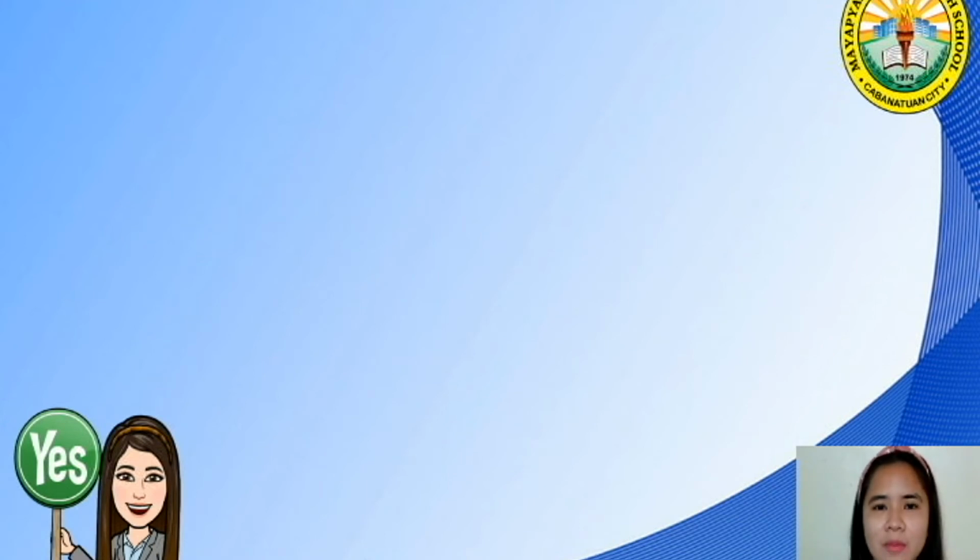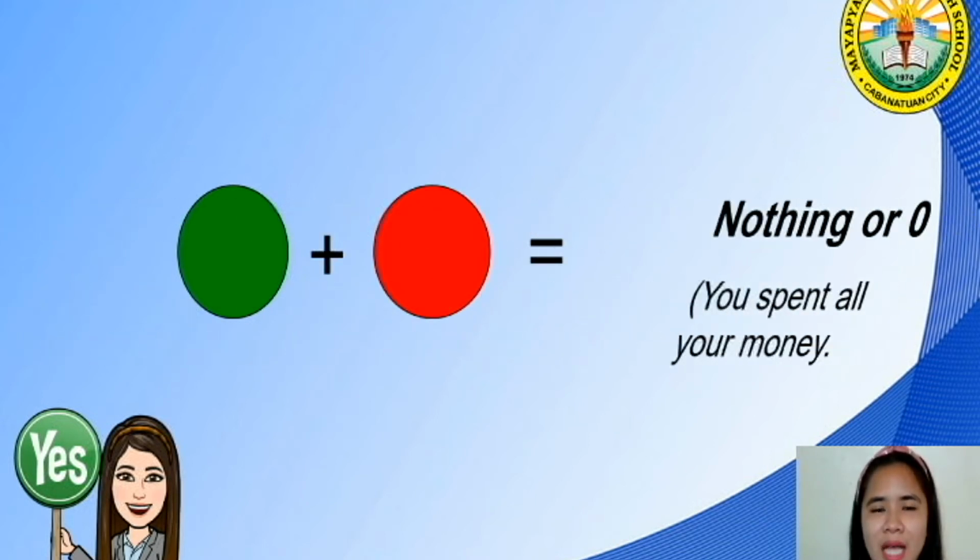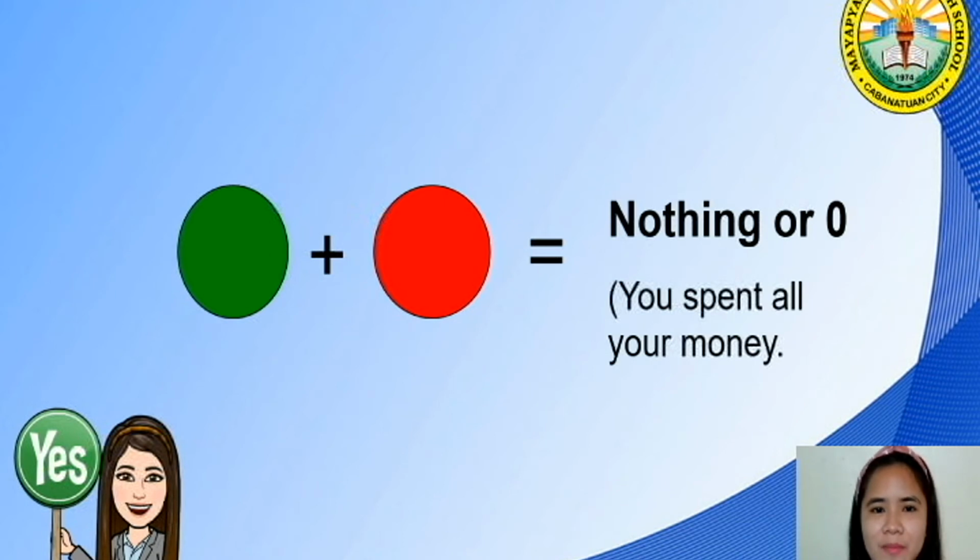What if we have 1 green chip and 1 red chip? According to the rule of chips, each red chip cancels out a green chip. Think of it like money. A green chip is the money you earned like allowance, and a red chip is the money you spend.